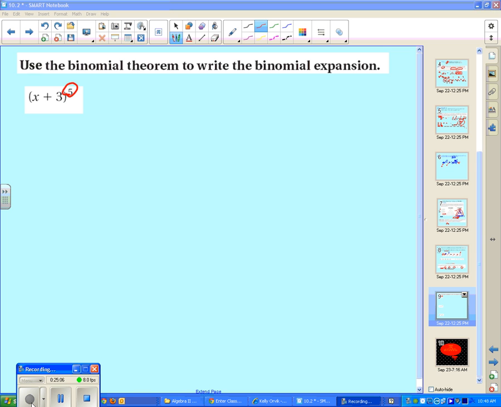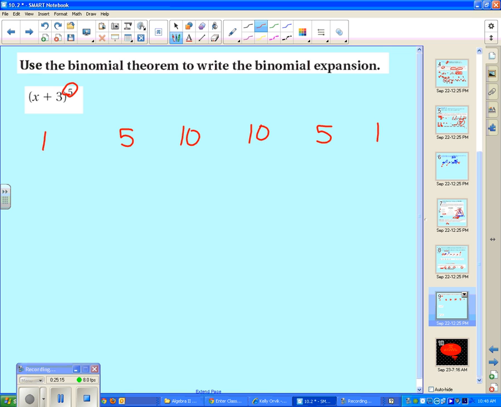Okay, so the fifth row is this. 1, 5, 10, 10, 5, 1. If you don't see that, talk to your neighbors right now and find that on Pascal's triangle. This is the fifth row starting with 0. 0, 1, 2, 3, 4, 5.